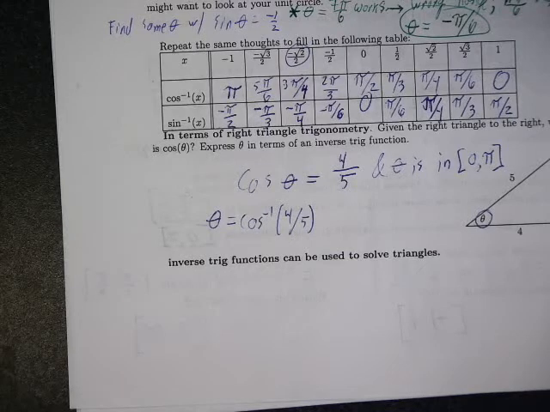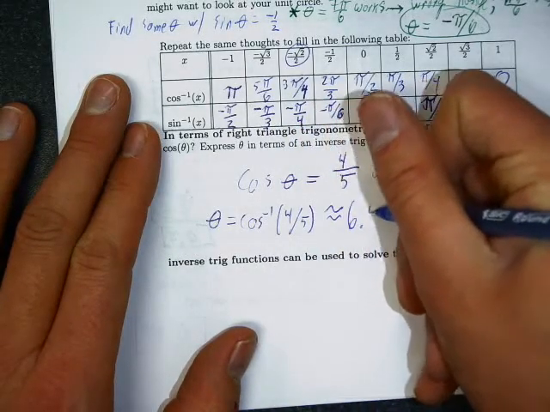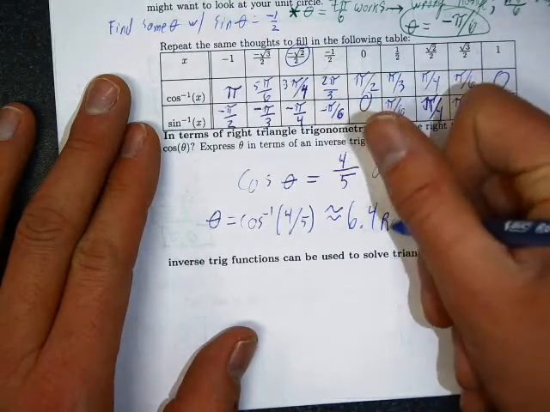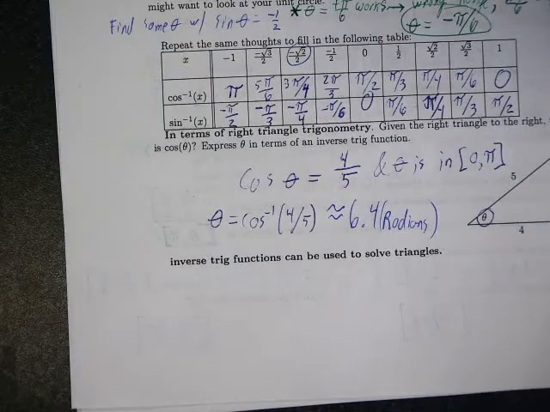Somewhere around 0.64 radians. Well, I guess we've been working in radians the whole time, so I don't need to specify. People pretty okay with that? That seems reasonable?